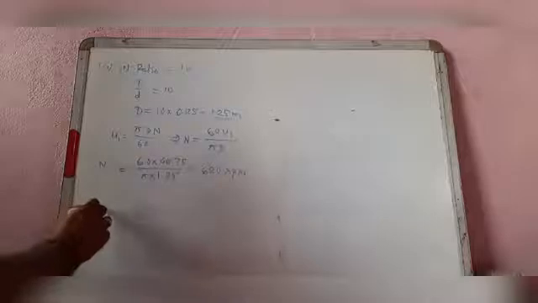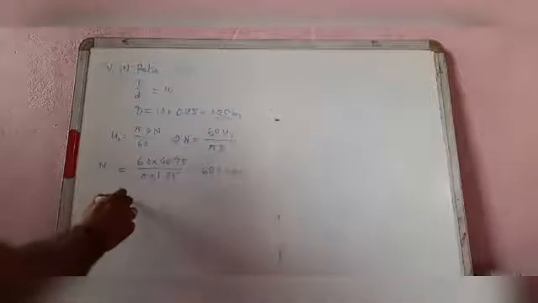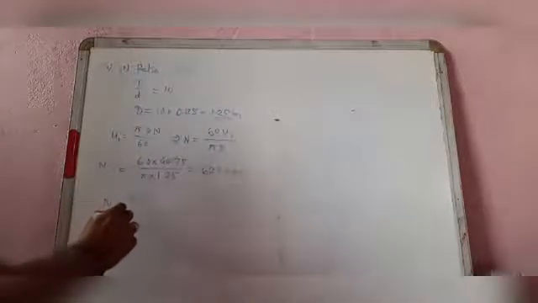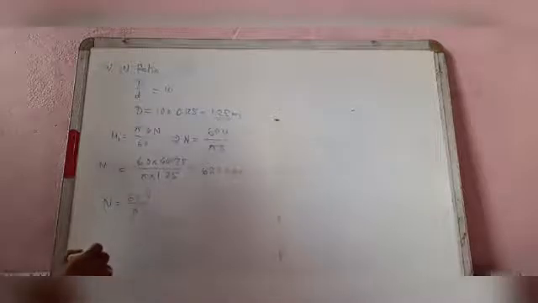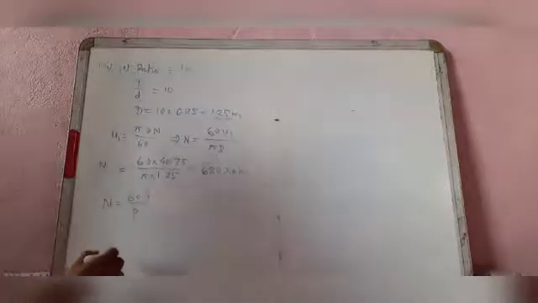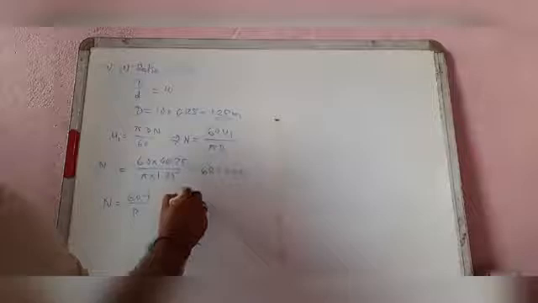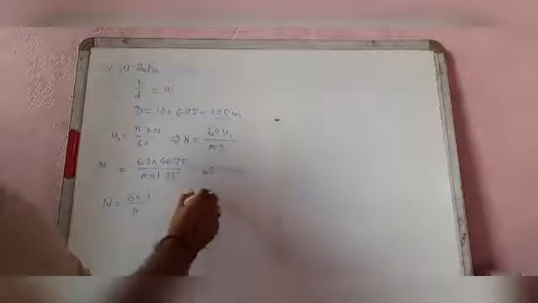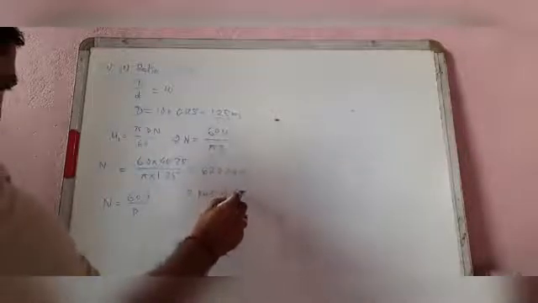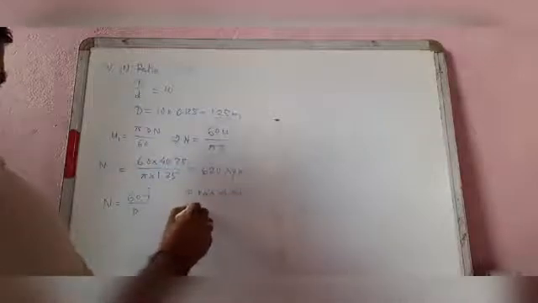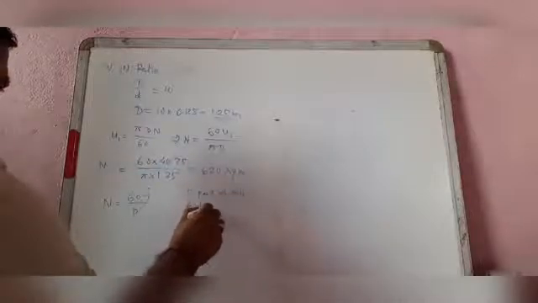And as we know, N equal to 60 f by P, where P is pair of pole, and f is frequency.